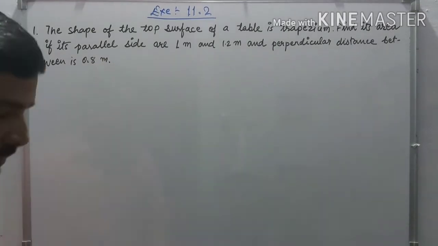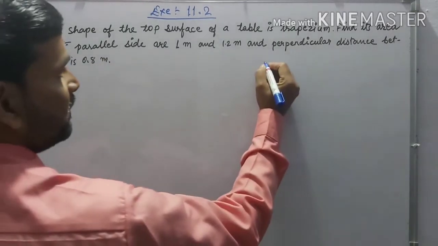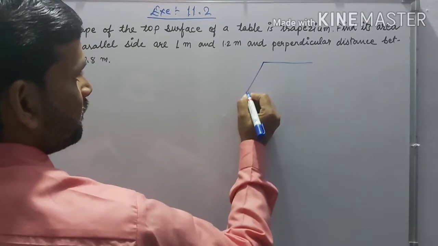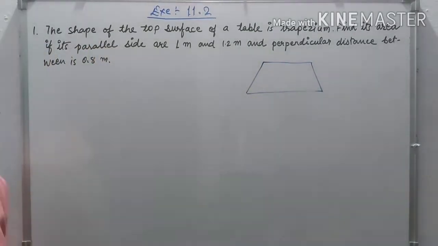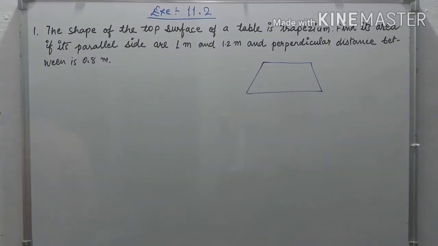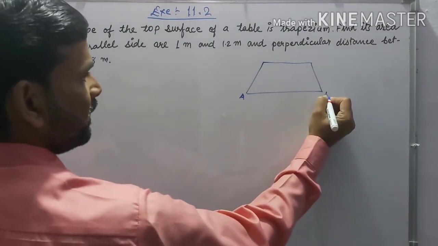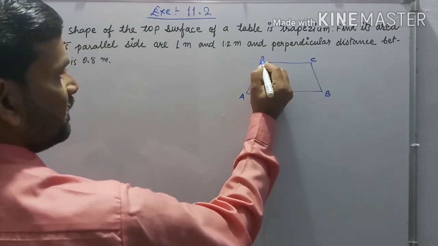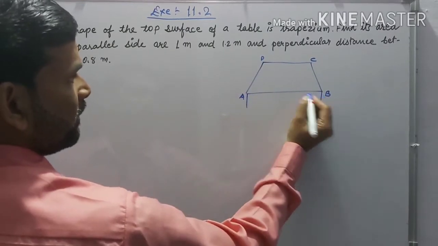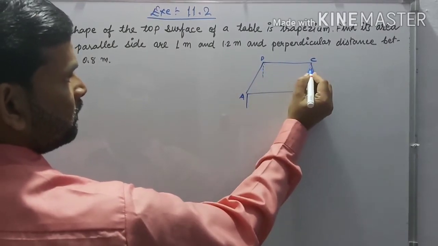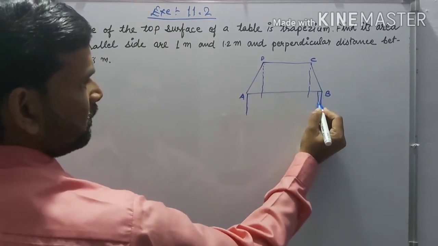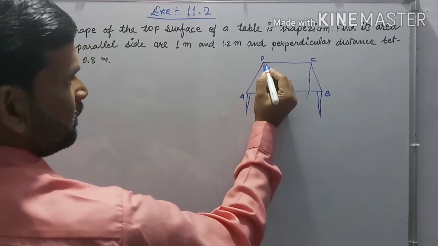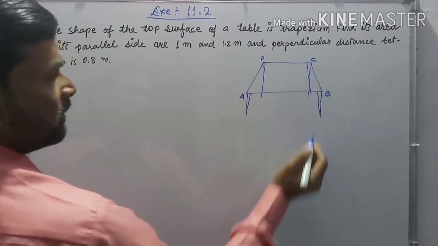Now suppose the top of the table is the shape of a trapezium. This is the shape of the trapezium, and the two parallel sides. The trapezium is ABCD.